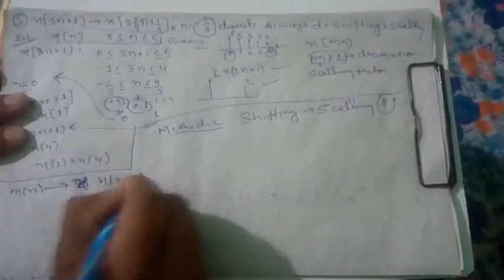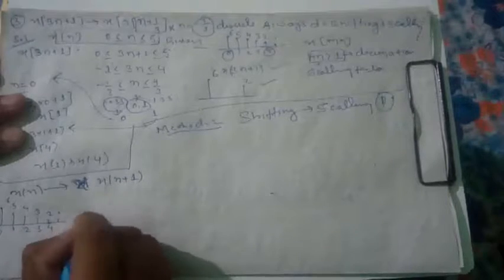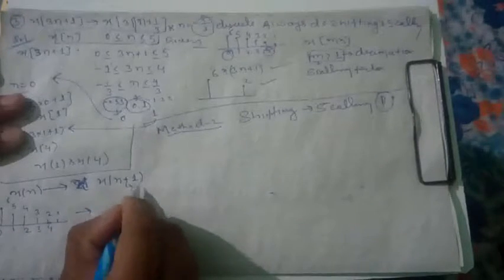If we take x of n and shift it, x of n plus 1, shift. So we'll shift the signal from 0, 1, 2, 3, 4, 5. That is 6, 5, 4, 3, 2, 1. We will shift the signal by 1, that means through the left side.